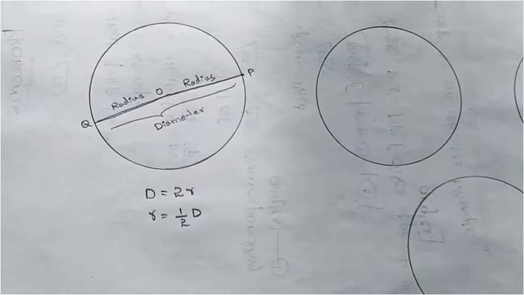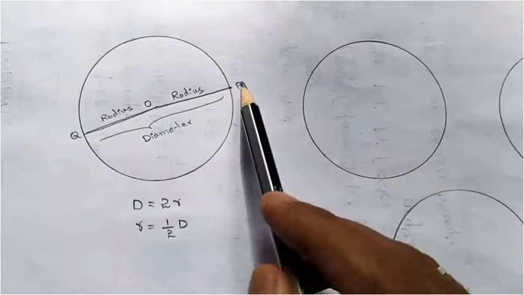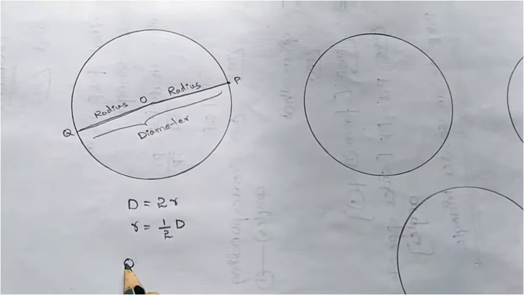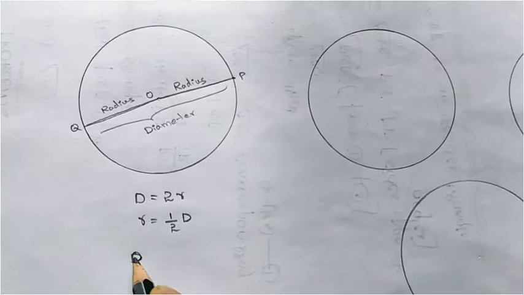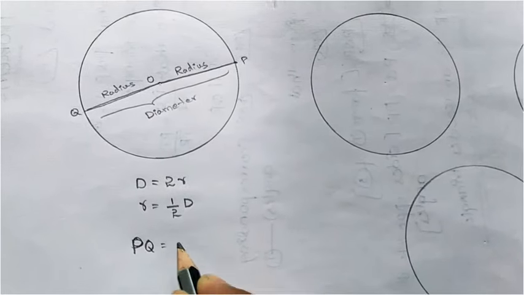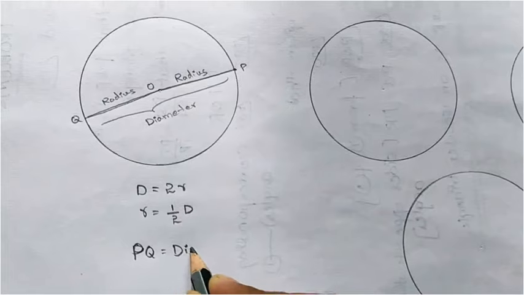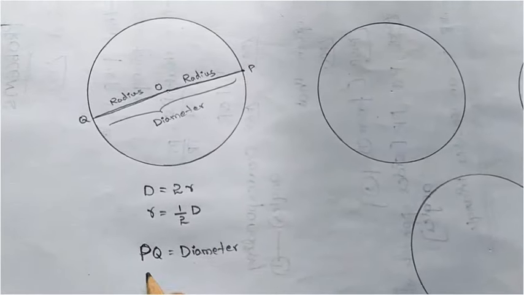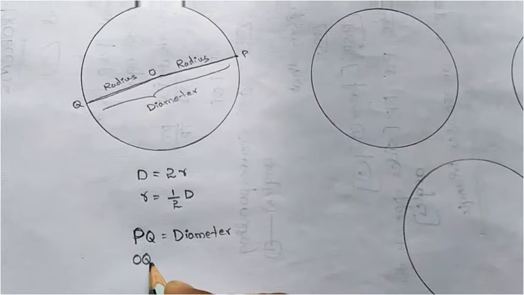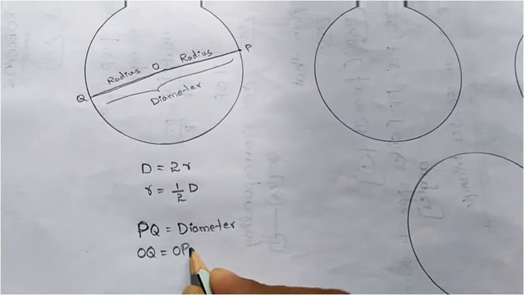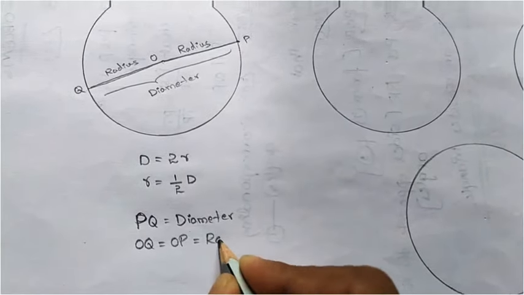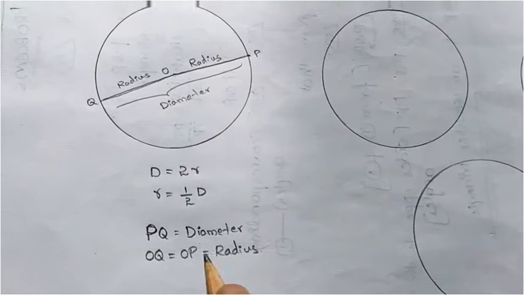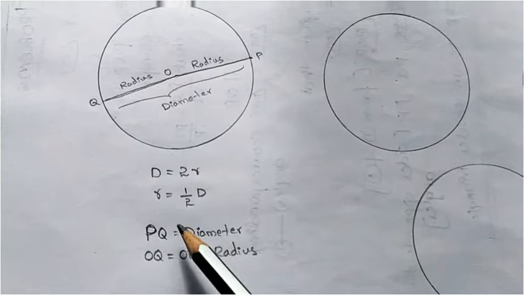Then we call this PQ the diameter, and OQ equal to OP are radii. Understood? This is the basic concept.